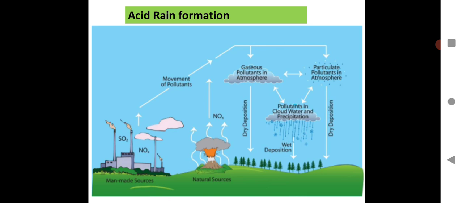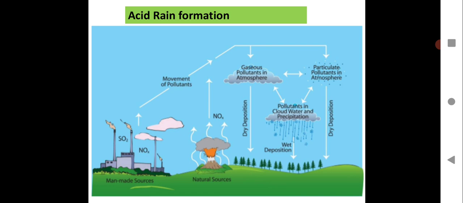All these get deposited on the vegetation. It affects the trees and the plants. So these are the different sources of pollutants which we have: sulfur dioxide, nitrogen dioxide, these are the man-made sources. The natural sources, we have nitrogen dioxide emitted to the atmosphere.